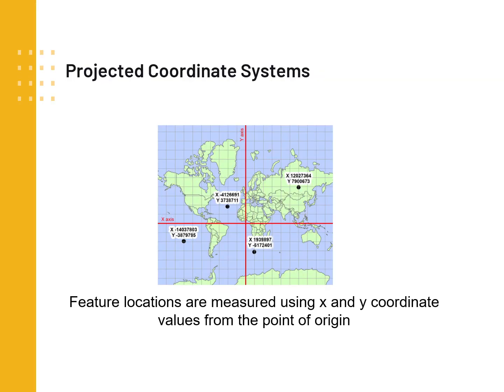Projected coordinate systems, on the other hand, locate features using X and Y values, typically measured either in meters or sometimes in feet, from a point of origin. In this particular case, it looks to be the equator and the prime meridian, but it doesn't have to be. Different projections can use different origins.